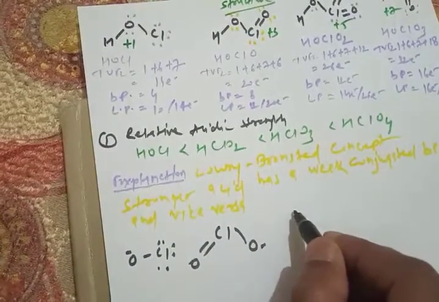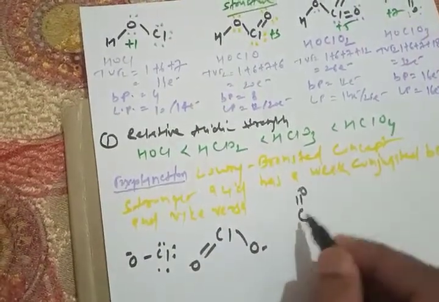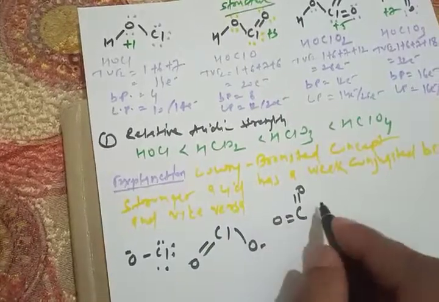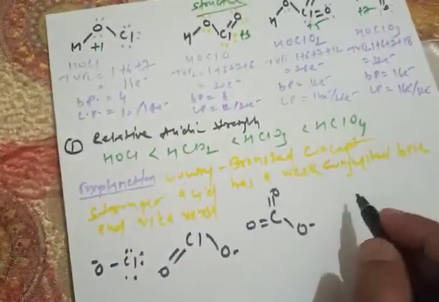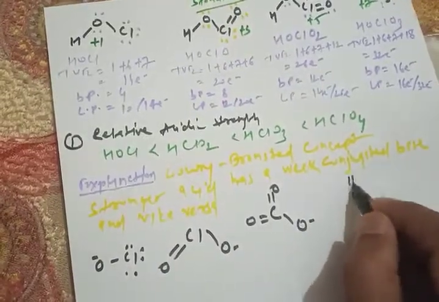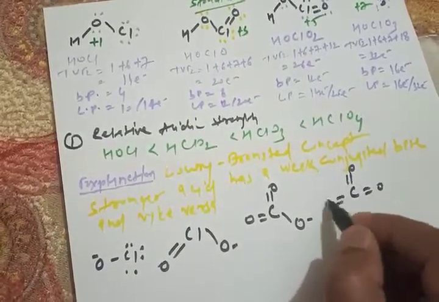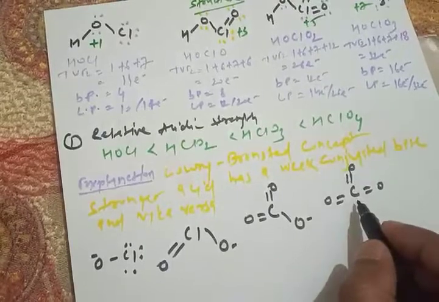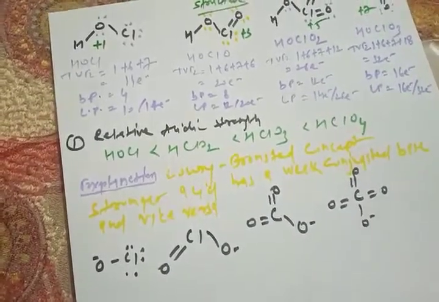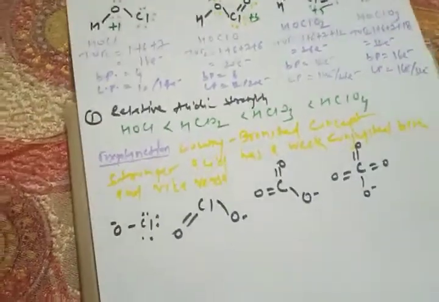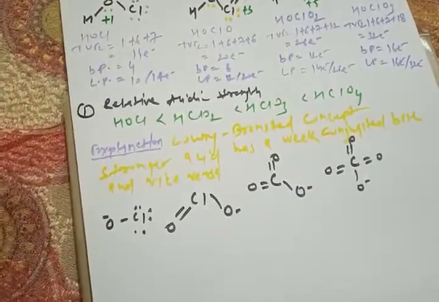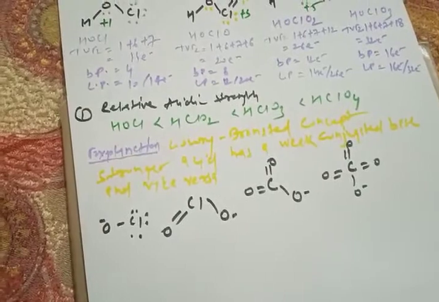Next case, Cl double bonded with O, then another double bonded with O, and one oxygen with negative charge. Next case, Cl double bonded with O, double bonded with O, double. Forget about the structure, I am talking about the electronic arrangement only. So this is how the conjugate base is written by the removal of a proton. What actually happened here?